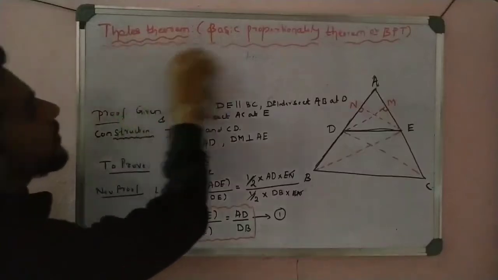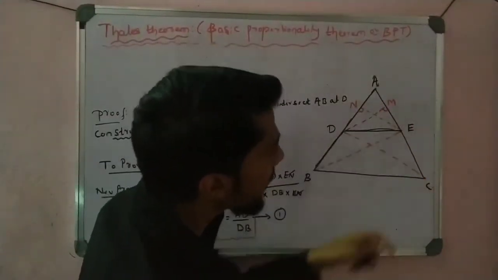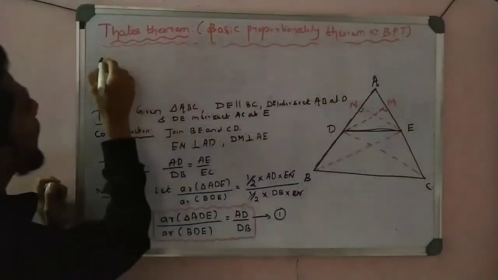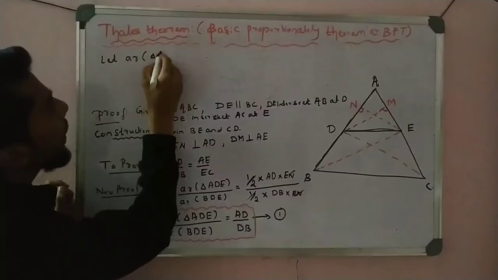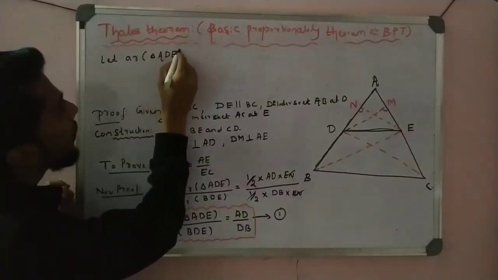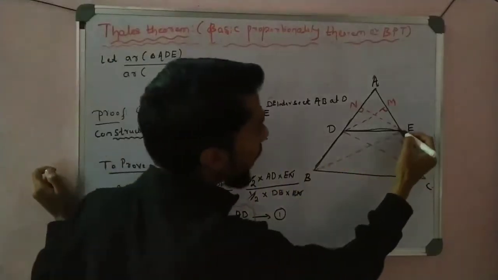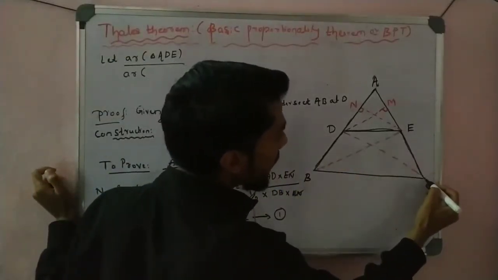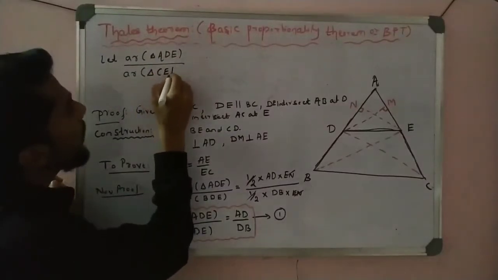Now let us see. Again I want the AE and EC side, so I can repeat that. Let the area of triangle ADE be in ratio with the area of the triangle CED. I require this base, so I take triangle CED.